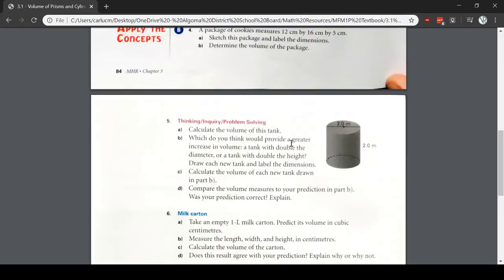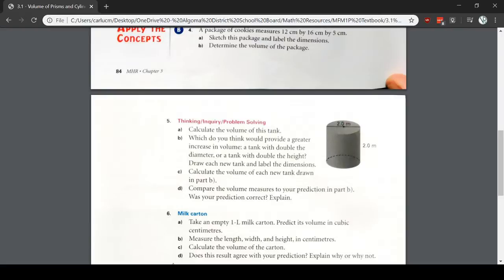What do you think would provide a greater increase in volume: a tank with double the diameter or a tank with double the height? Draw each new tank and label the dimensions. Calculate the volume of each new tank, and then compare the volume measures to your prediction. Was your prediction correct?